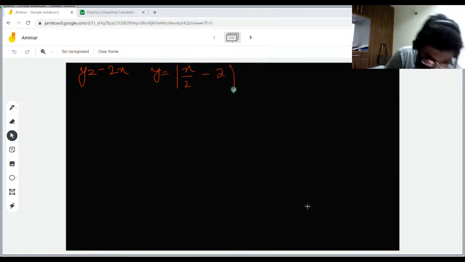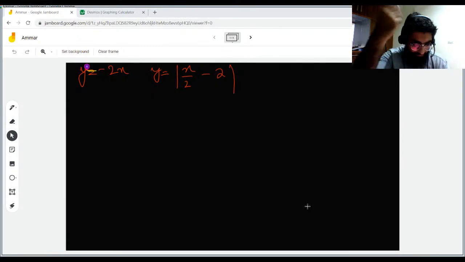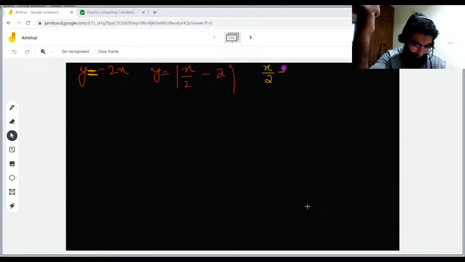I mean, I didn't write it 1 by 2x, so it's the same. So y is equal to minus 2x and y is equal to mod x by 2 minus 2, so x by 2 minus 2 is equal to minus 2x.